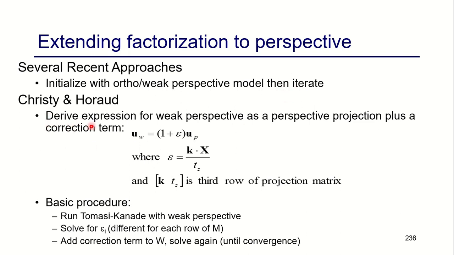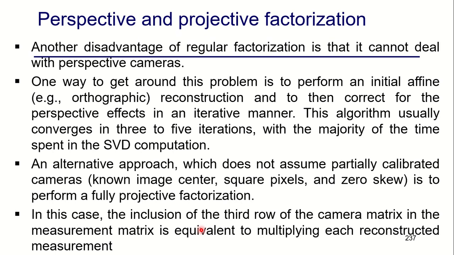In the next method from Christy and Horaud, they derived the expression for weak perspective as a perspective projection. So this is the equation for it. The basic procedure is you run the TK model with weak perspective, then solve for the sigma I for each row of M, add the correction term to W, and solve again till it converges.